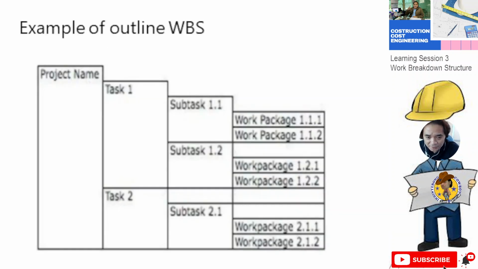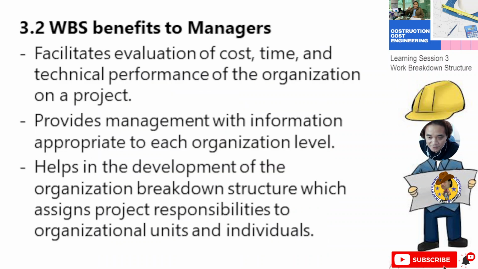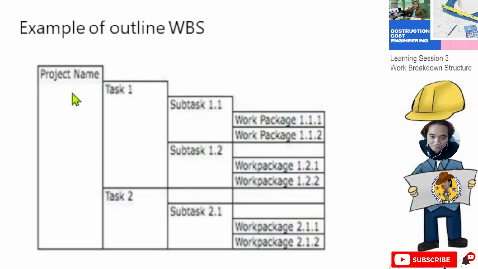This is the example outline of the work breakdown structure. As you can see, this is your project. For example, we have the construction of a bungalow house.